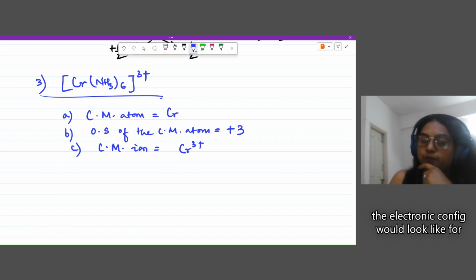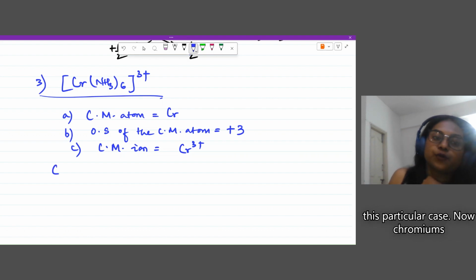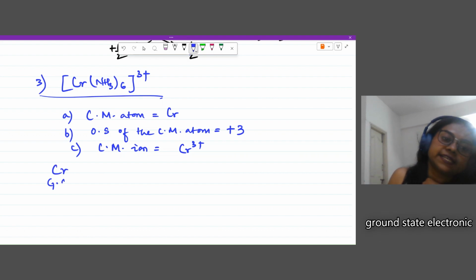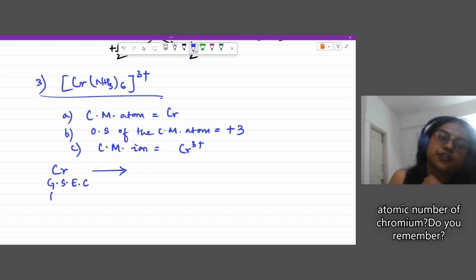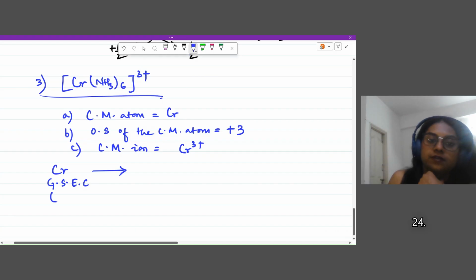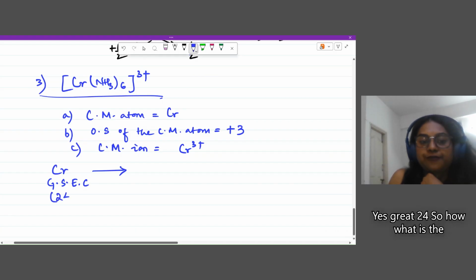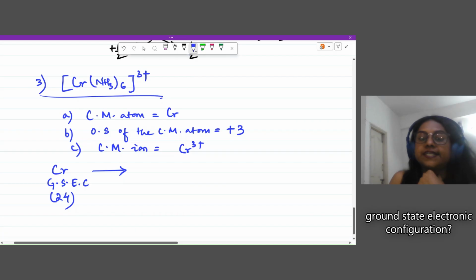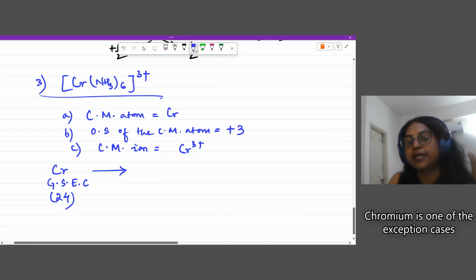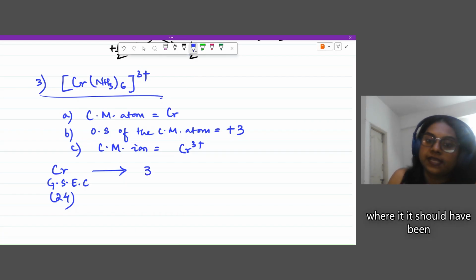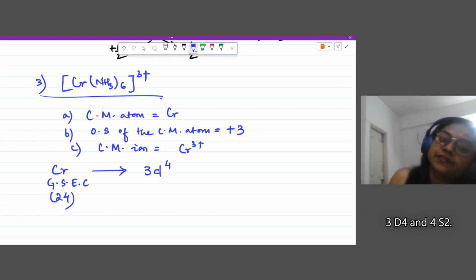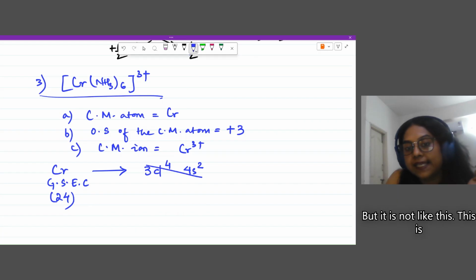Let's just look at how the electronic configuration would look for this particular case. Chromium's ground state electronic configuration: what is the atomic number of chromium? 24, great. Chromium is one of the exception cases where it should have been 3d4 4s2, but it's not like this.